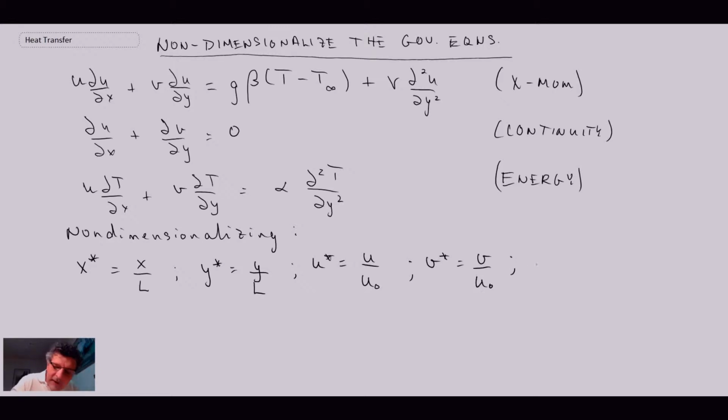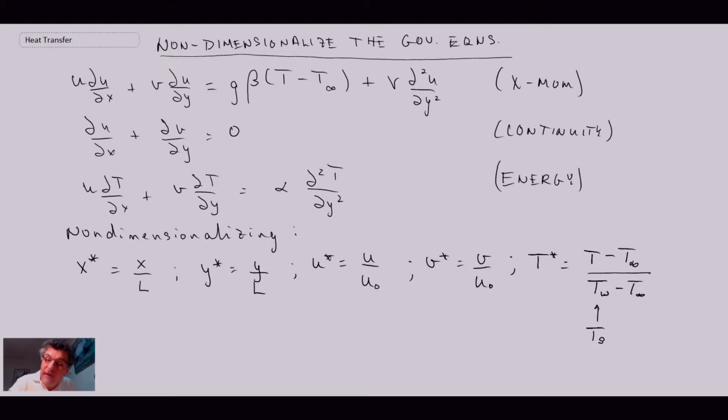And then finally for temperature, we do this in heat transfer quite often. We subtract the free stream, and divide by T wall minus T infinity. Sometimes this is Ts, so don't get confused.